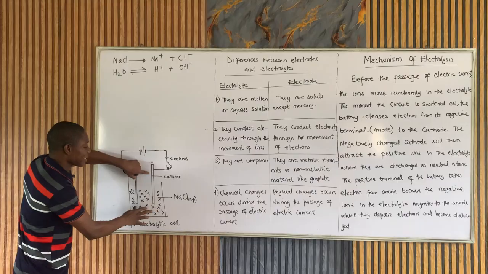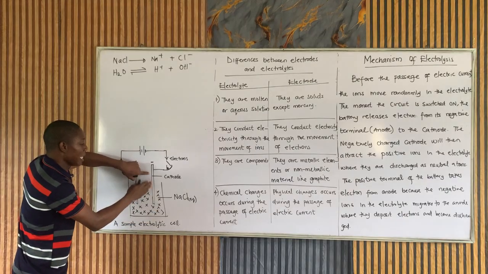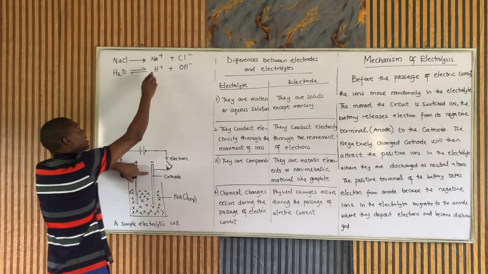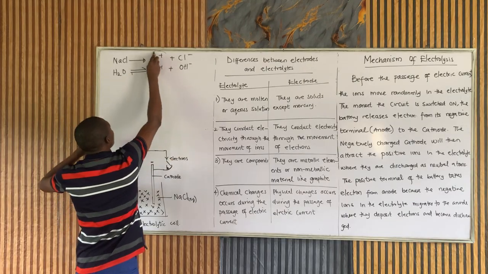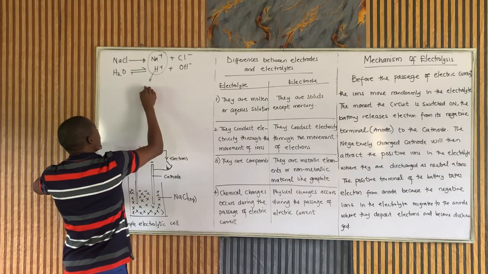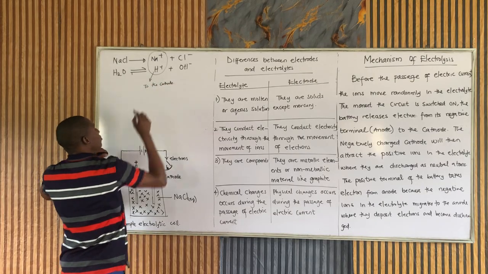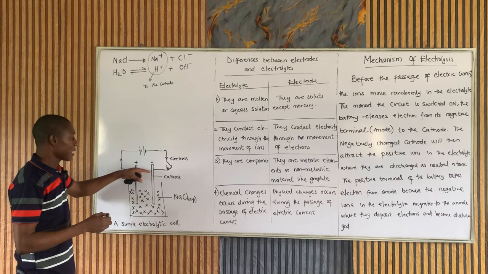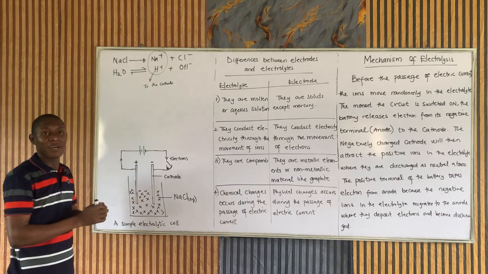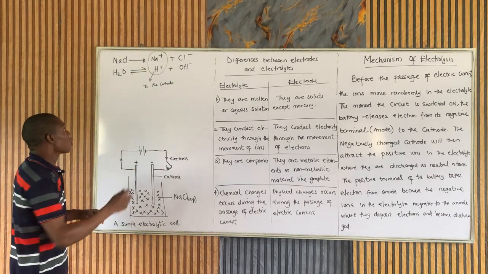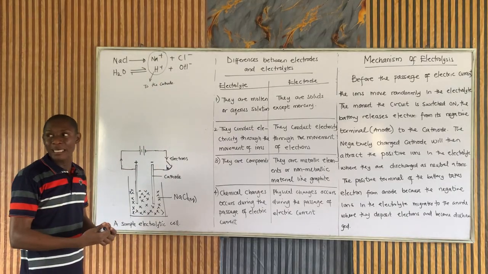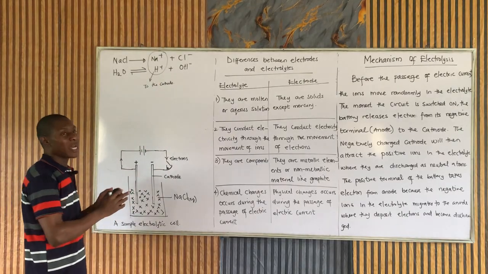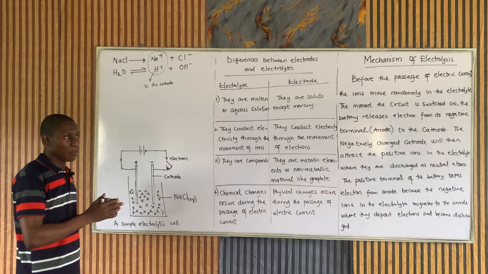So the positive ions in this electrolyte, the sodium ion and the hydrogen ion, will move to the cathode. One of these ions would accept that electron and be discharged as a neutral atom. We'll come to that.